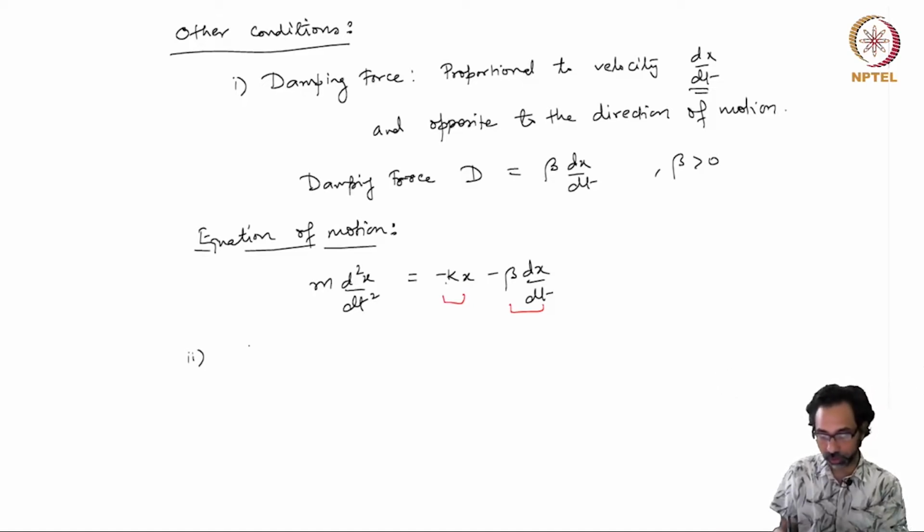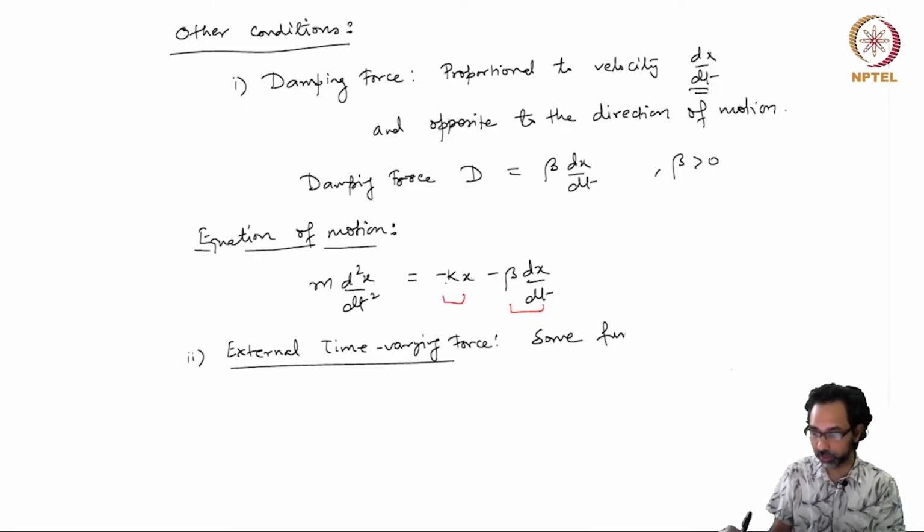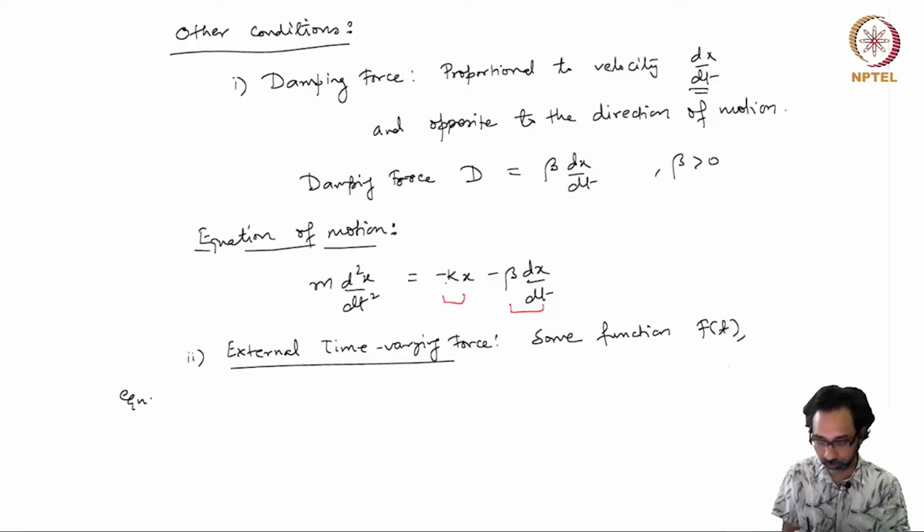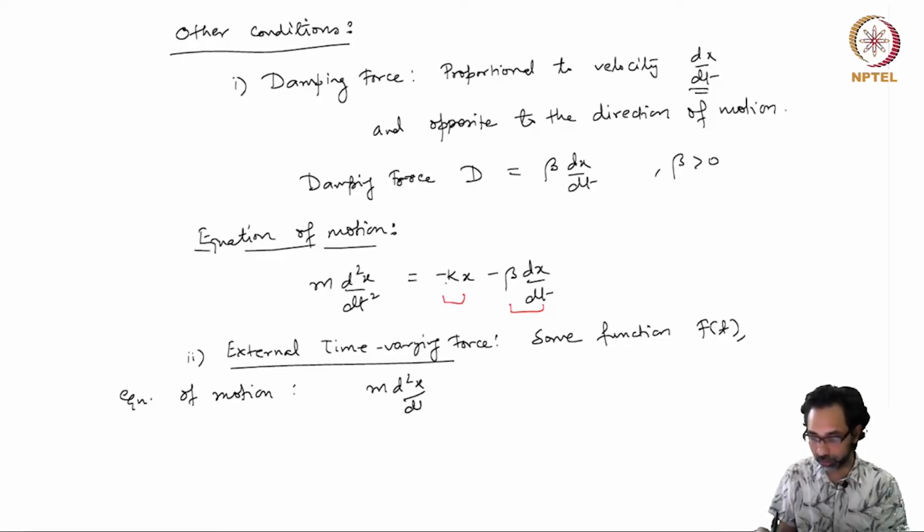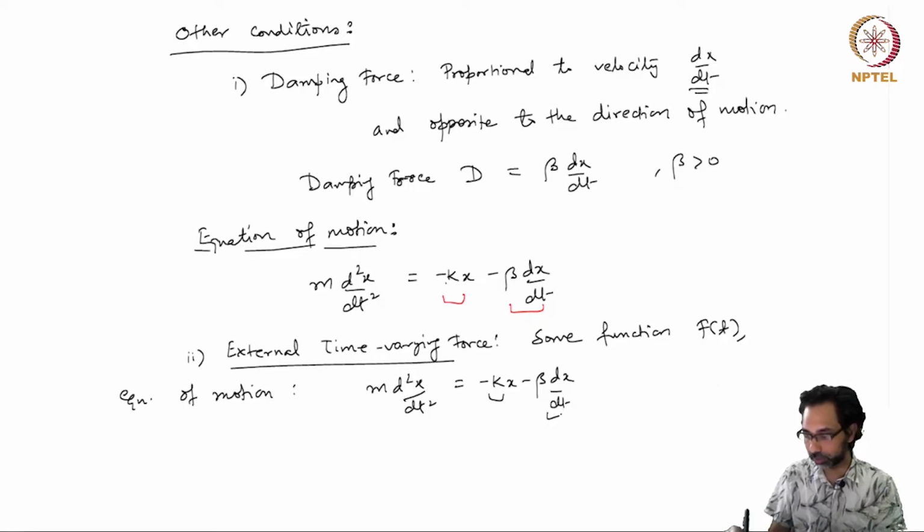We could also have an external time varying force, given by some function f of t, and in this case the equation of motion is m d2x over dt2 is equal to minus kx minus beta dx over dt, again the Hooke's law and damping force, plus f of t.